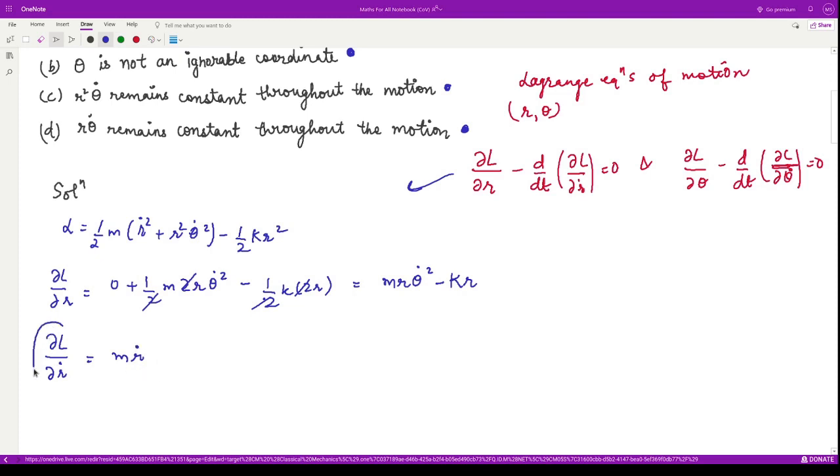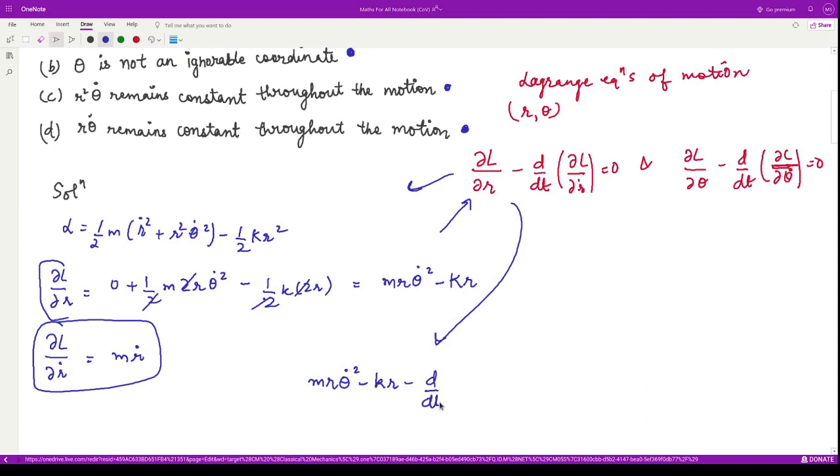So substituting these two values in the given equation, we have m r theta dot square minus kr, minus d by dt of the second quantity m r dot, equal to 0.